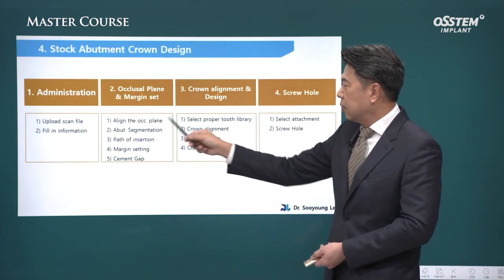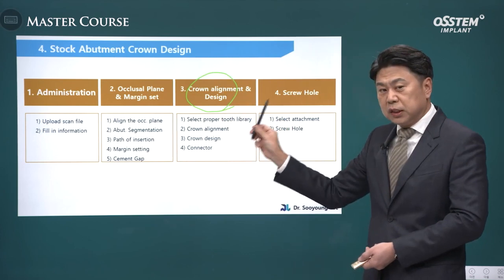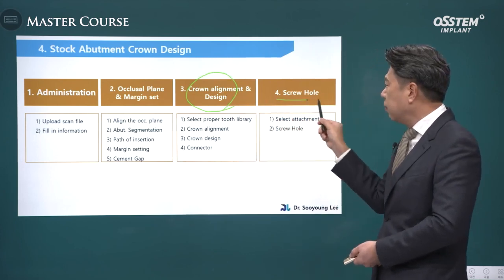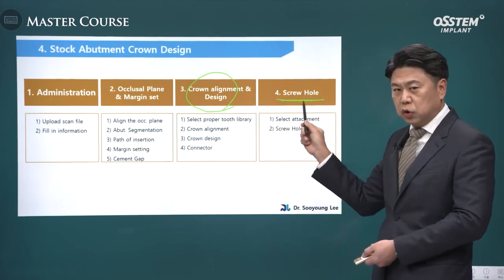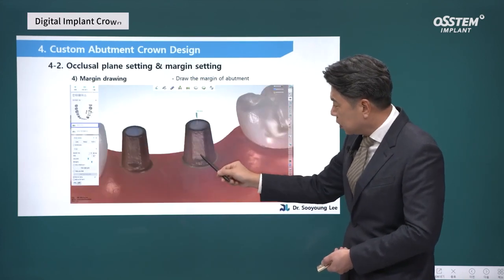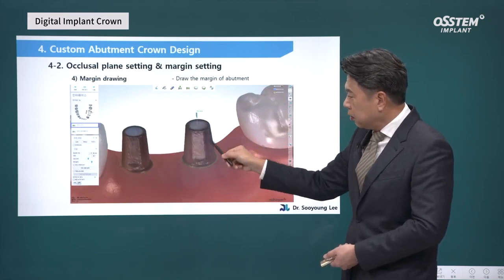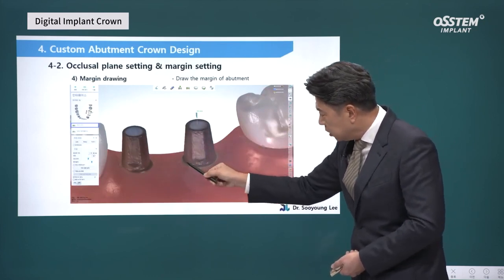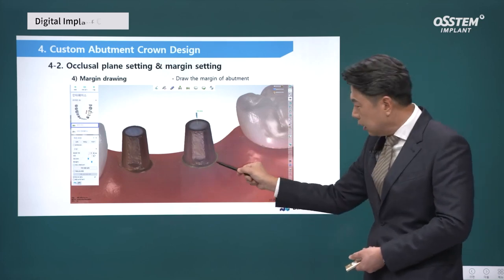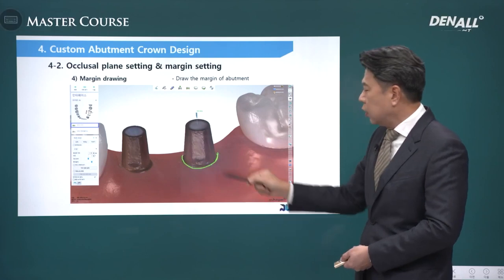Stock abutments are very similar. The process is a little bit different. The crown is designed first because the abutment is a stock product. After that, a screw hole should be made. The rest is the same. The margin should be set. The abutments were directly scanned, and there is no margin set here. As there is no margin data, we need to edit and set the margin information.